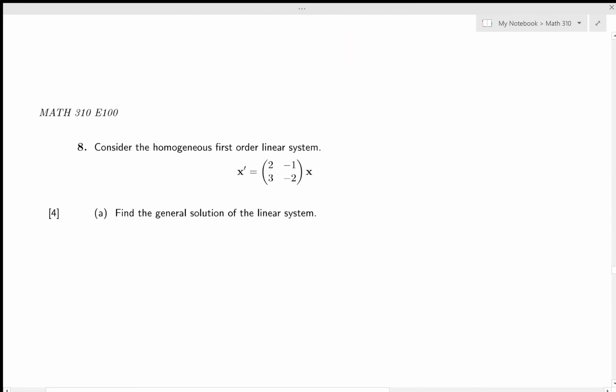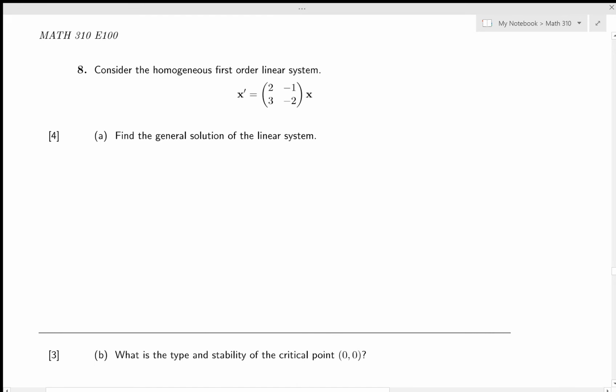Question 8. We've got a system of 2 first order differential equations. We've typically used the capital letter A for that matrix.